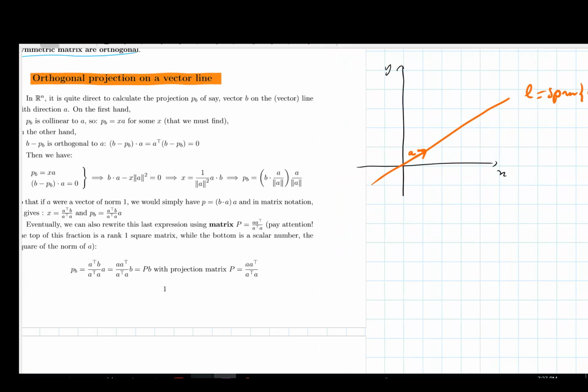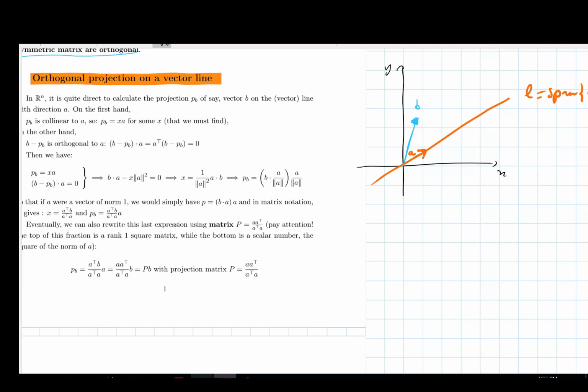Let's say you have now an element, let's call that B. That's my B element of R2, so it defines a vector, my vector B. And I want to find, well, there are several ways to present that.